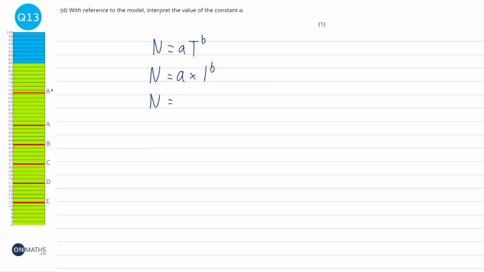So it's going to be a times 1, or just a. So this shows that when t is 1, so after 1 day, a is the number of microbes. So it's the number of microbes after 1 day.